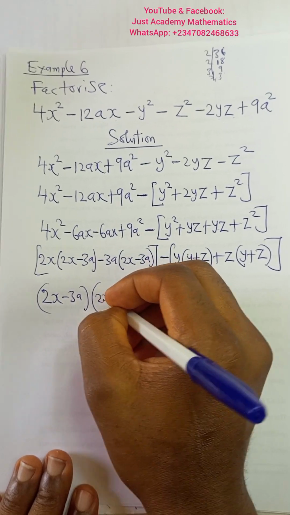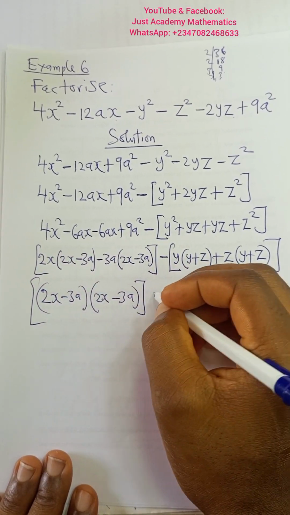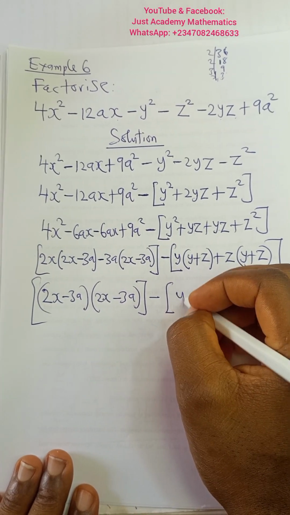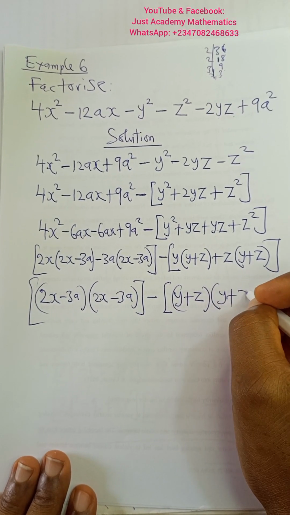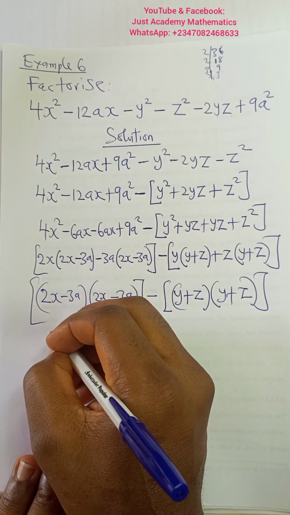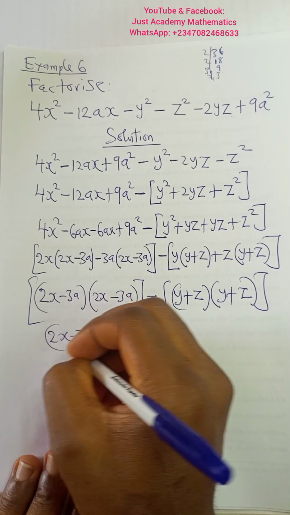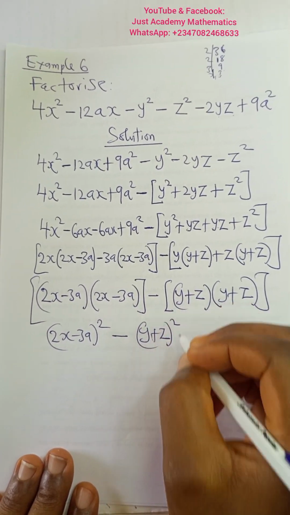It will remain 2X minus 3A, then minus Y plus Z, then Y plus Z. So what does that mean? This means 2X minus 3A all squared minus Y plus Z all squared.